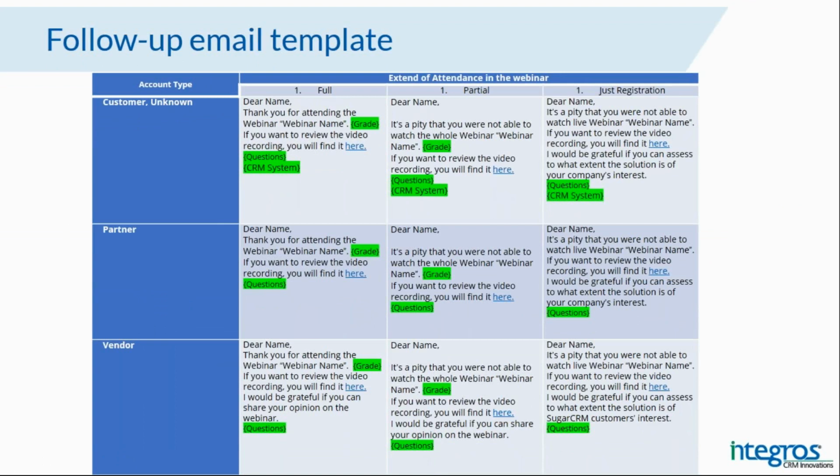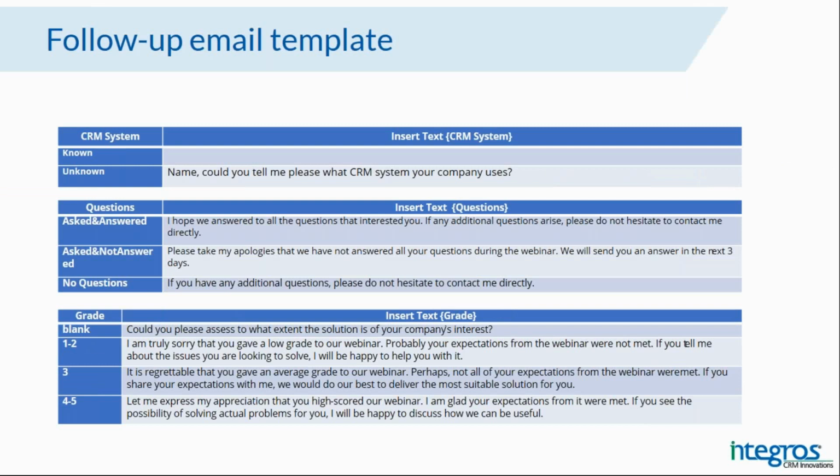So if you look here, with each additional parameter, the number of variants of the final text that we'll get is multiplied. What we have in the example is roughly 200 templates.